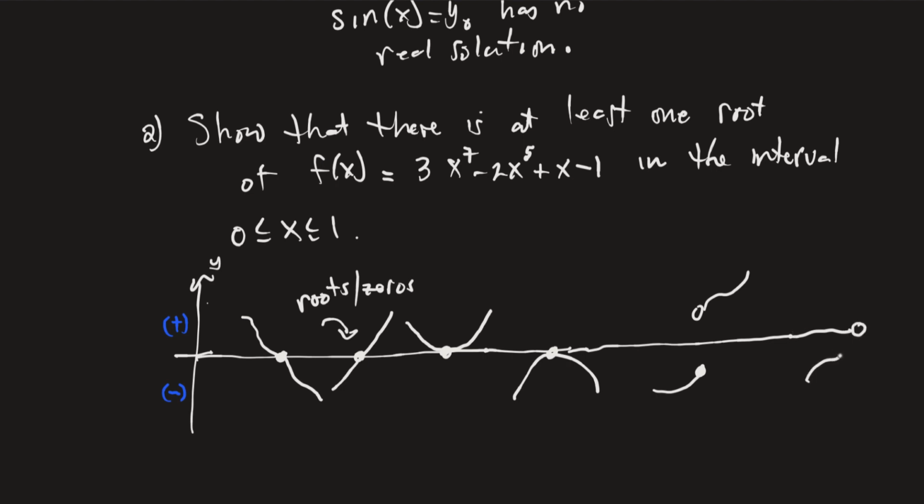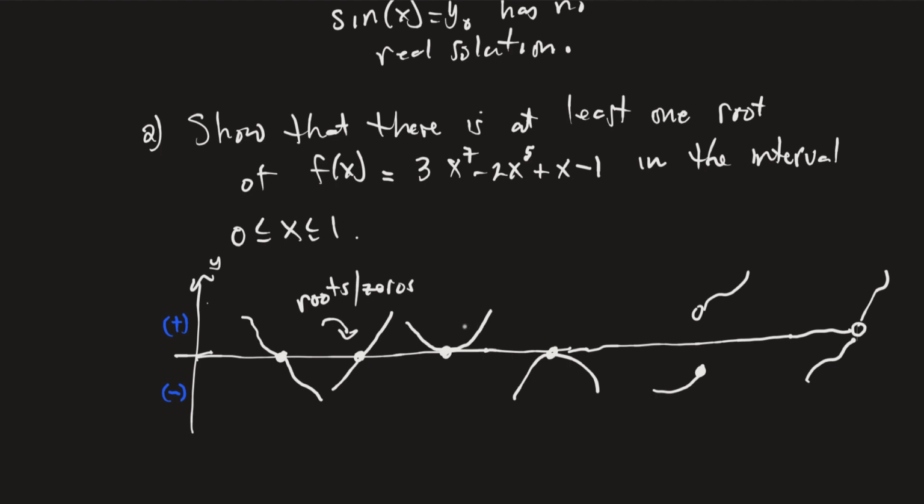Like this type of function, like that, and then like that. These functions do change from negative to positive, or I could have it going from positive to negative. But because of the discontinuity, it didn't have to actually pass or touch the x-axis. So you have to be careful.